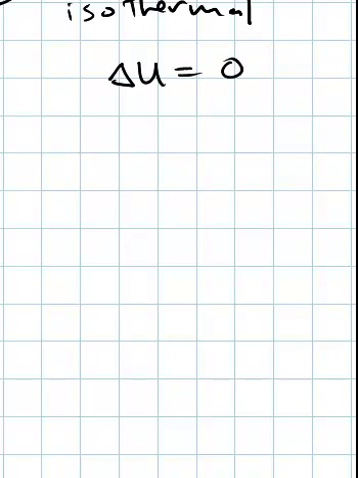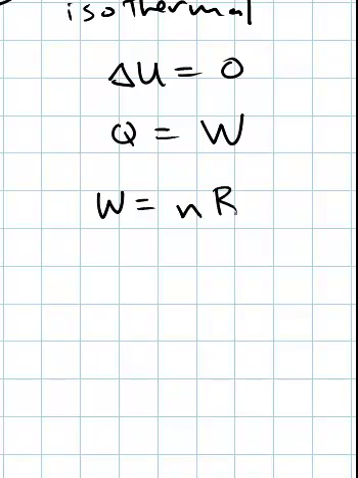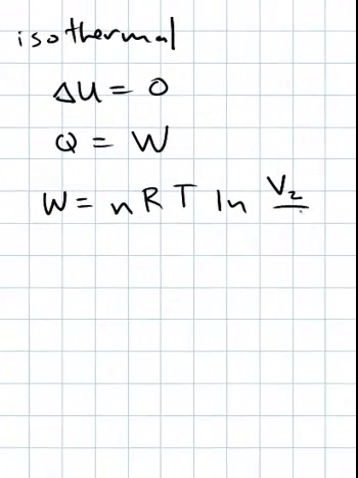So that tells us that the delta U is going to be 0 for this process, or another way of thinking about it is Q is equal to W. And what's W for an isothermal process? We can integrate and we end up with a natural log of the final volume over the initial volume multiplied by nRT. So we can plug in some numbers here.